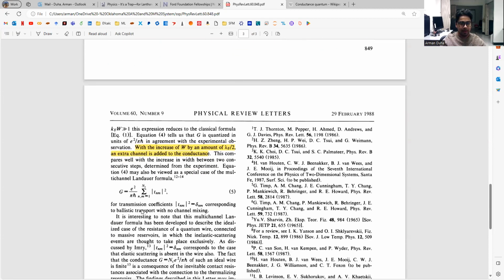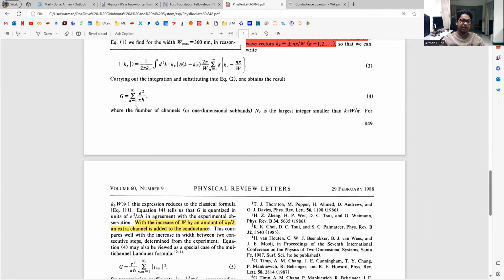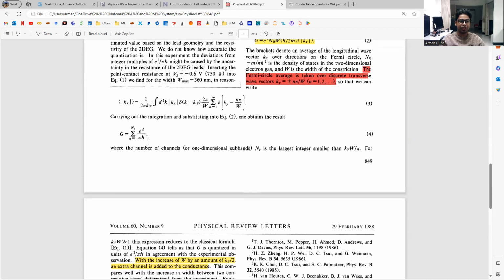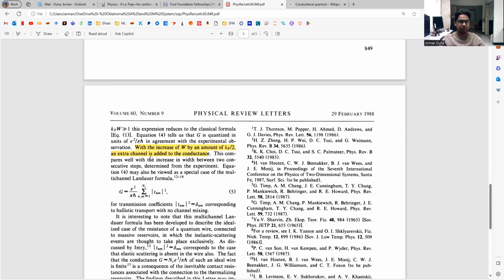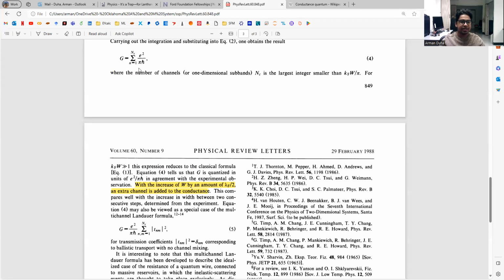So now that we have this theory, this explanation of the things that we see, let's try to make more sense of it. If this is the conductance quanta, then with an increase of W by an amount of half of the Fermi wavelength, you will be adding one extra channel.